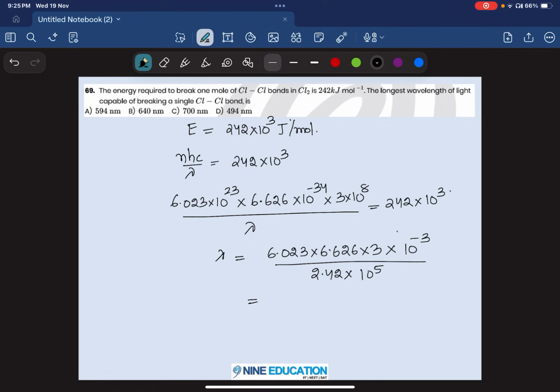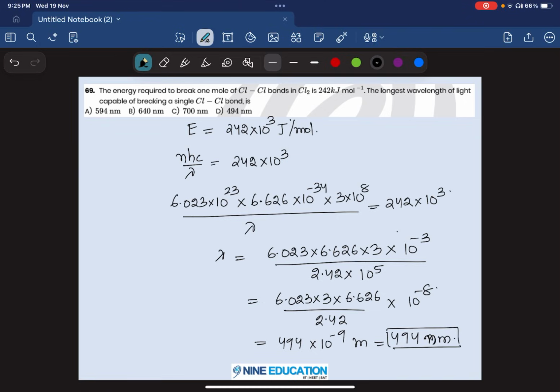I am writing it as 6.023 into 3 into 6.626 by 2.42 into 10 power minus 8. So this will turn out to be 494 into 10 power minus 9 meters. It's nothing but 494 nanometer. 494 nanometer is the answer for this question.